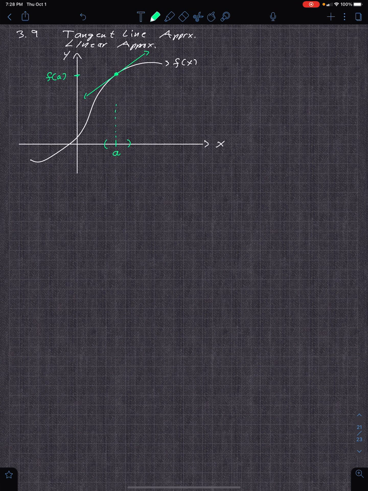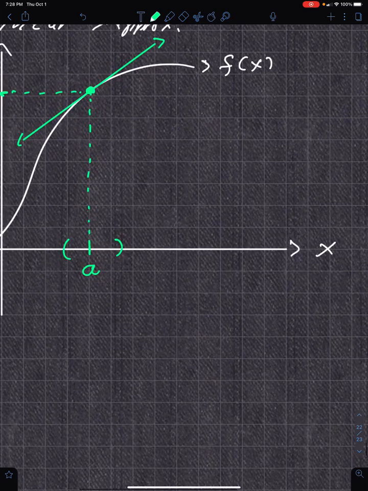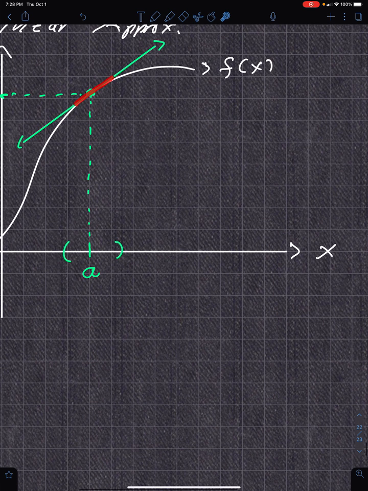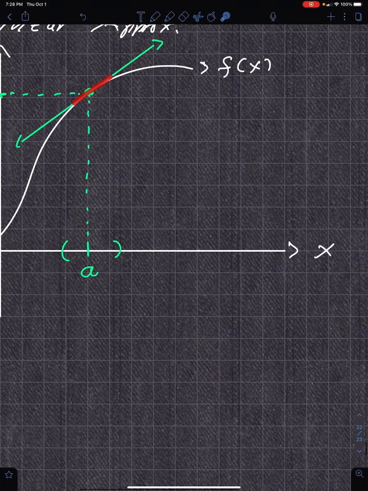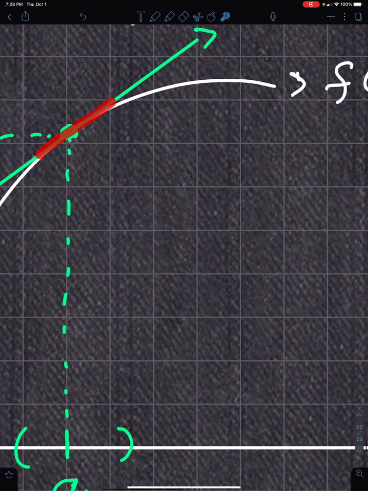So you come up to the curve like this, and if you look at it, isn't the line right close to here about what the graph is? Of course, if you zoom in, it would be a little off, and my line goes over the top of it. As you come out farther here, it's getting much different, right? But right around here, the line is approximately the same as the function.